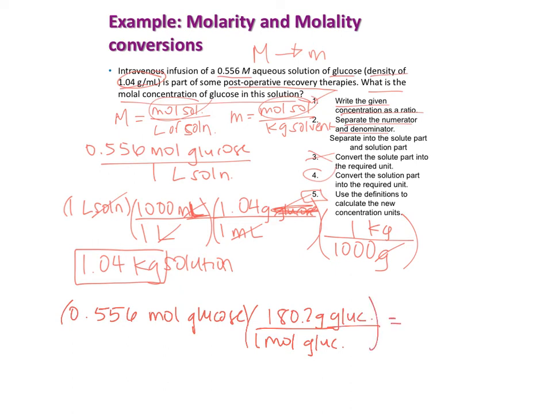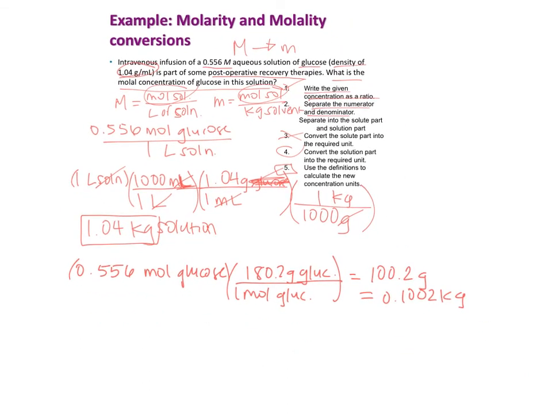Okay, this gives us 100.2 grams. In other words, 0.1002 kilograms. Okay, what we have to do is subtract those kilograms of glucose out of that solution so that we can get solely by itself the kilograms of solvent.